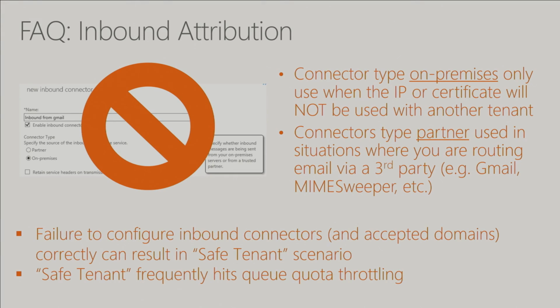That means we can't exactly tell who the originator was because we have multiple connections that match. And so safe tenant attribution would mean that you're not able to use your own outbound rules. So if you find that they're not working somehow, it's almost always that the connection coming in has become ambiguous and we can't tell who it is. And so then the messages are treated as inbound mail to the destination domain.